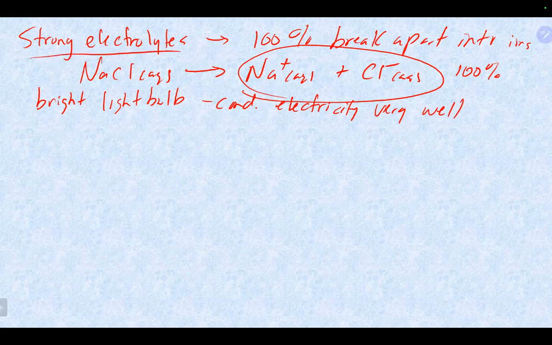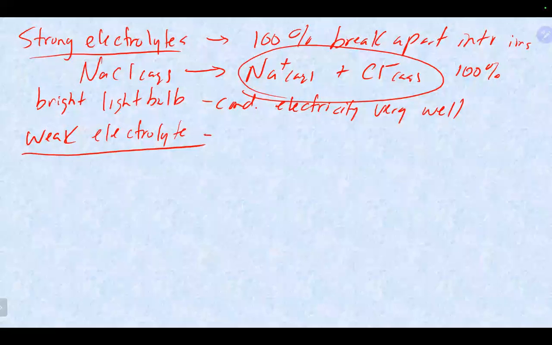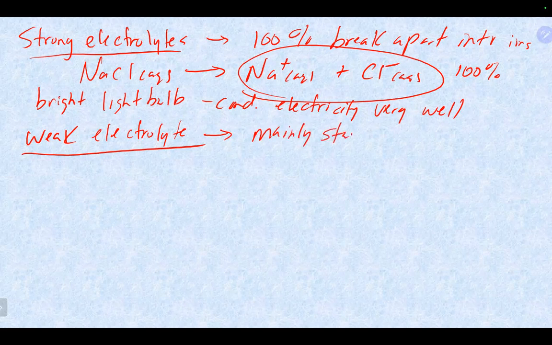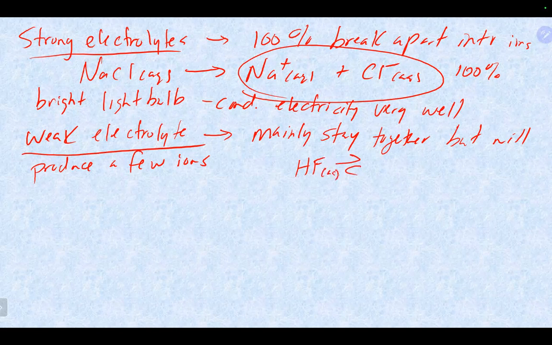The other type of electrolyte is a weak electrolyte. And unlike a strong electrolyte, a weak electrolyte will mainly stay together, but will produce a few ions. So something like HF, for example, which is hydrofluoric acid, will break apart into H plus in solution and F minus.